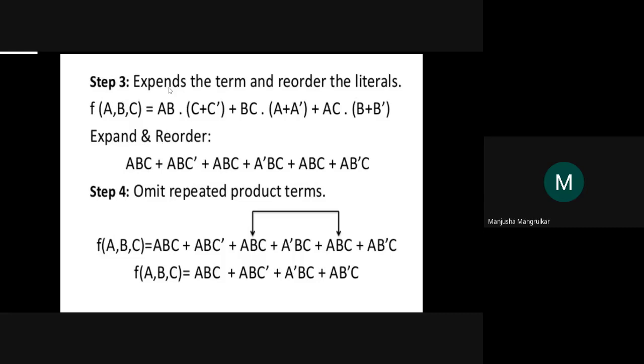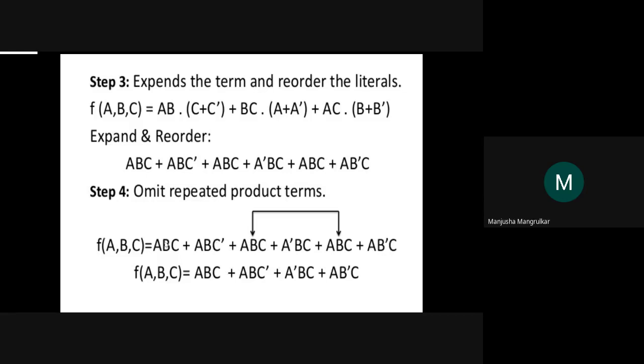Now expand the terms of the product form. This we have seen; omit the repetitive parts, right? So ABC, ABC complement, ABC, A complement BC, ABC plus A complement BC.